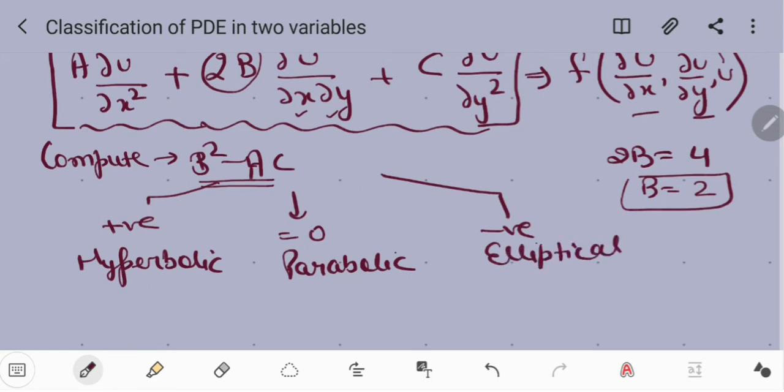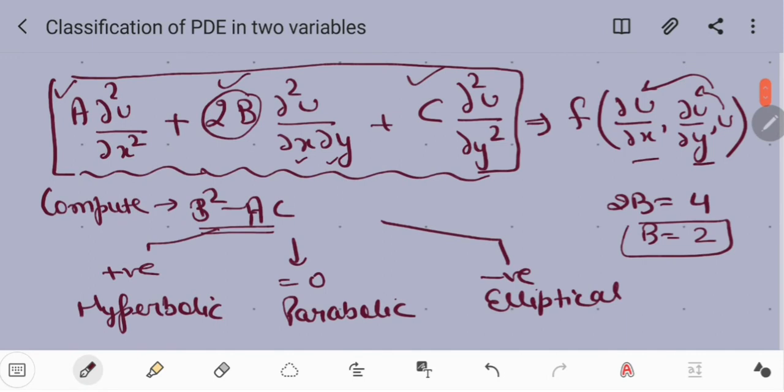Okay, now sometimes you can see that these constants are given as values, like, let's say, a is 1, b is 2 and c is 4, for example.